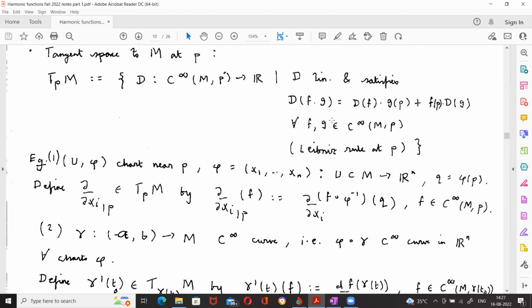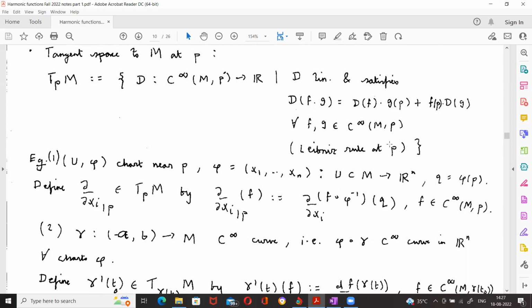So with this algebraic definition, it's clear that the tangent space is a vector space. There's no need to prove that. The vector space structure is immediate. In fact, it's a subspace of the dual space of C infinity(M, P): these are elements of the dual which satisfy the Leibniz rule at P.